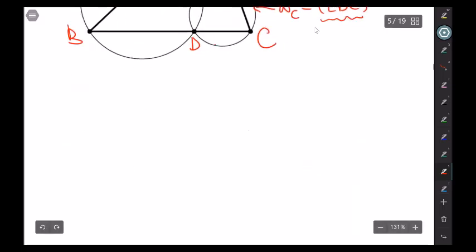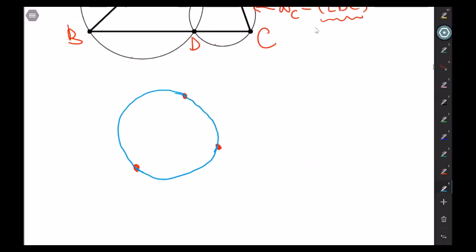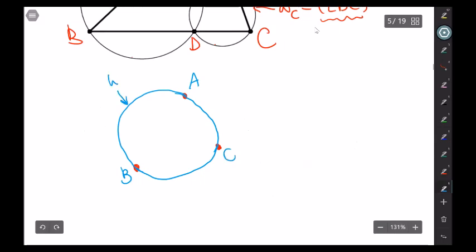Anytime you have three points on a plane, any three points, it uniquely describes a circle. There's only one circle which can go through all those three points. Because three points uniquely describe a circle, we represent circles like this.